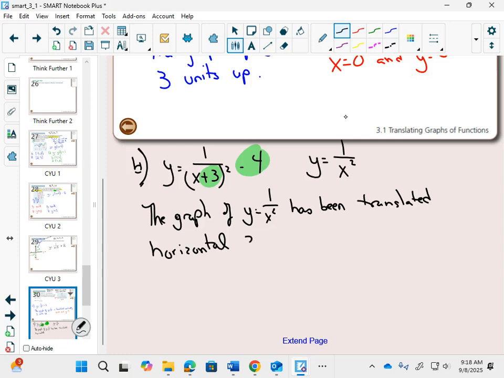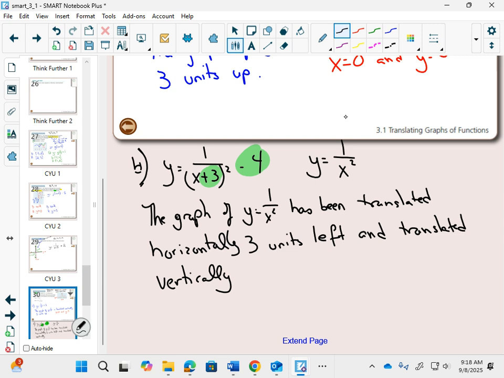X's are liars. So this will be 3 units. I see the plus 3. That's going to be 3 units left. And translated vertically, 4 units down.